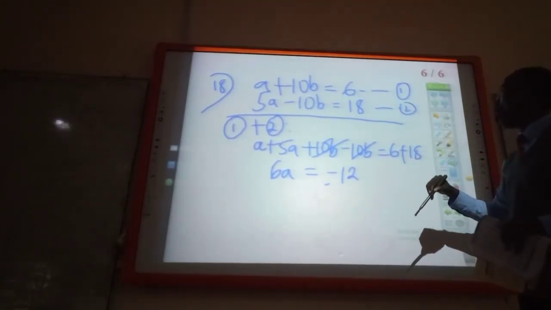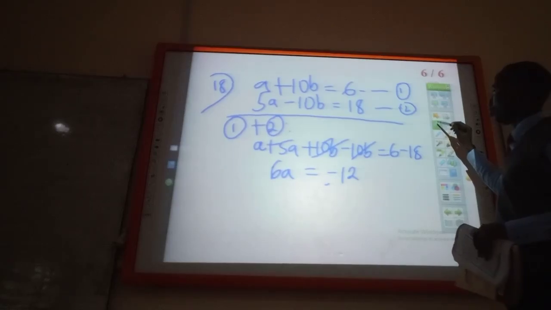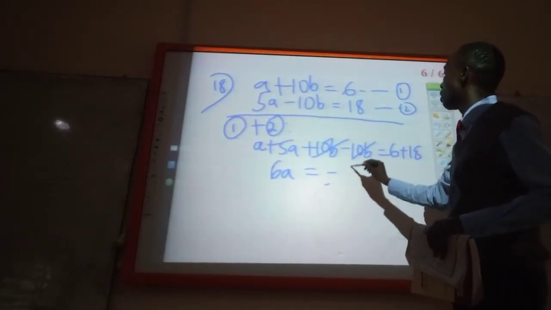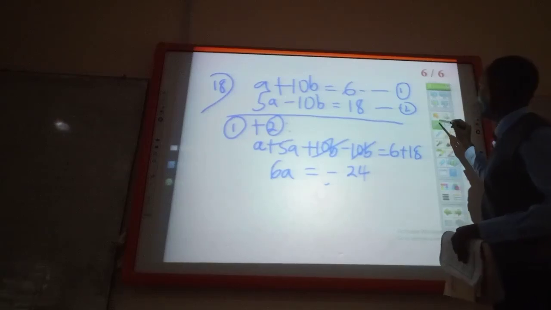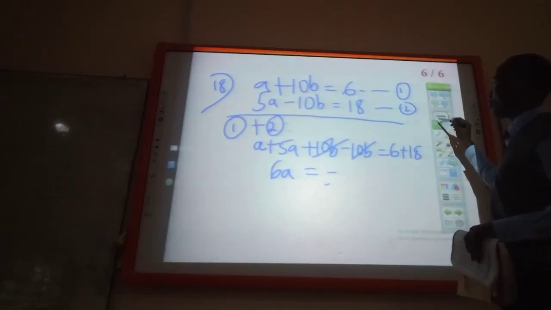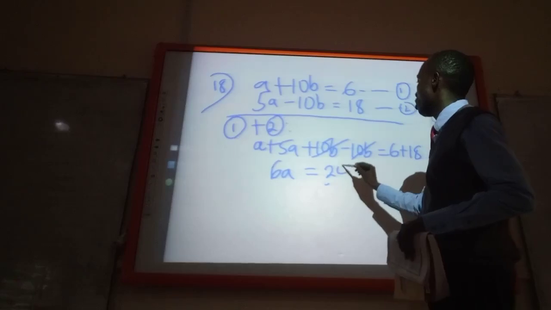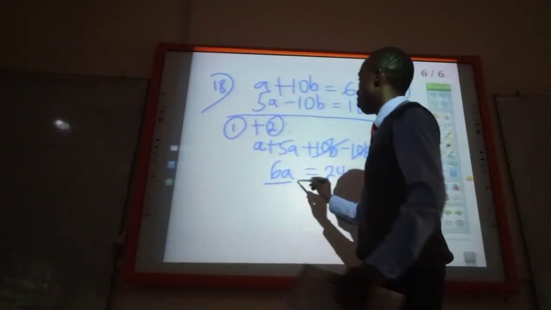Every time we add, it's supposed to be plus. That's very true. So that will give us 6 plus 18, that's 24. Okay, so we now divide both sides by the coefficient of A.